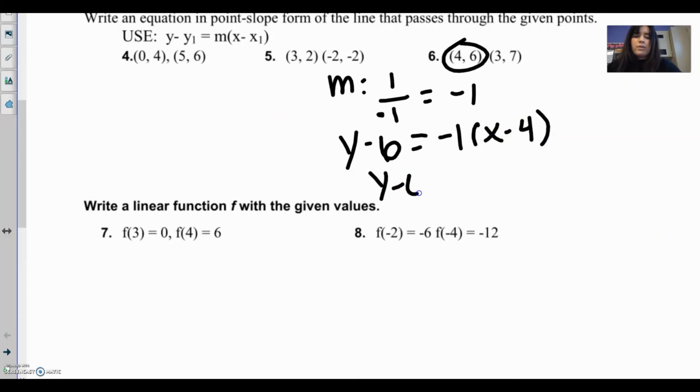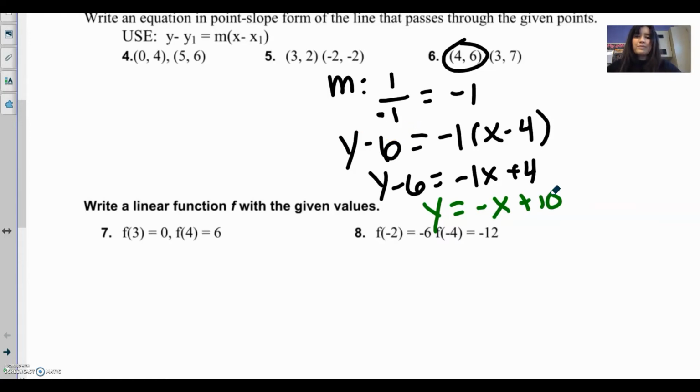We're going to keep y minus 6, we're going to distribute on that side, so -1x, or -x, -1 times -4, that makes a +4. We're going to add 6 to both sides, and we will get y equals -x plus 10.